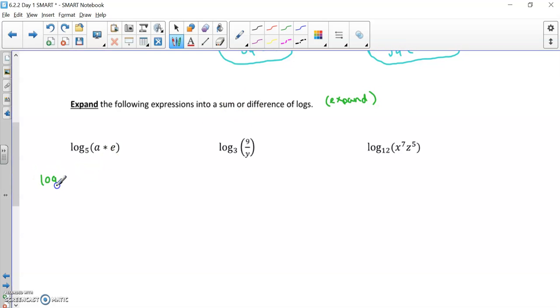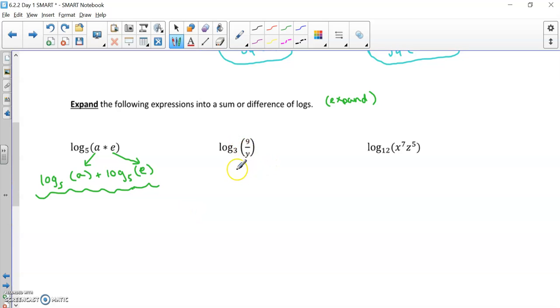So this can be rewritten as log base 5 of a plus log base 5 of e. Whatever I have in here, if they're being multiplied, I can just split them, give them their own logs, and add them. All right, so this one got a log and this one got a log. And that one is done. That's as far as I can expand.